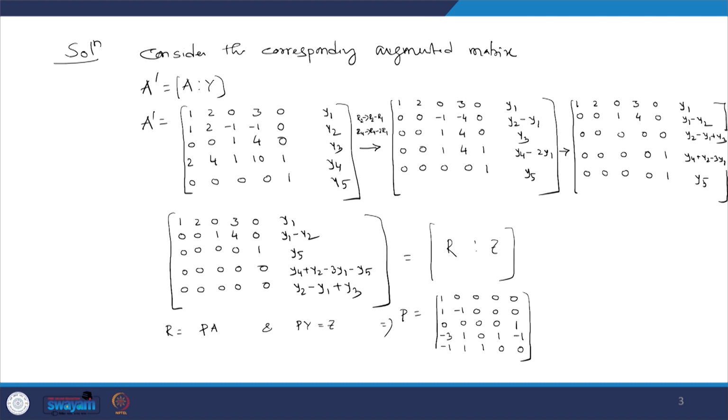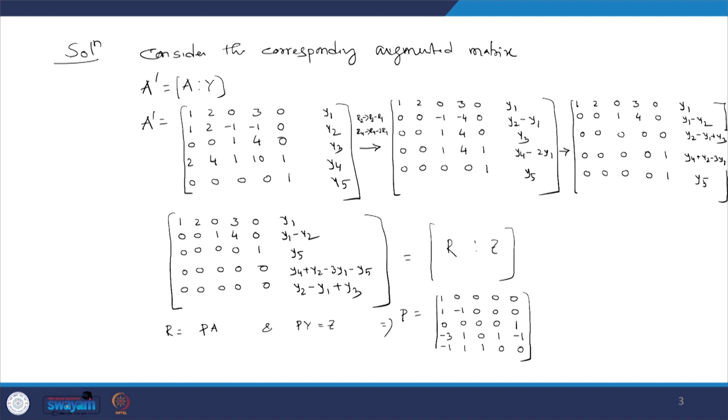See, I can write the fifth row as the fourth row or the fourth row as the fifth row. So, this means that I can have different P matrices. Therefore, this P matrix we have obtained here is not unique. But P is clearly an invertible matrix.